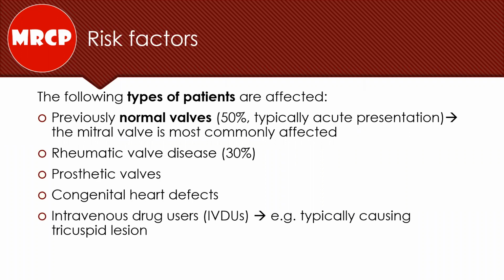And here we come to a very important scenario, the intravenous drug abuser. Typically in patients presenting with infective endocarditis who are primarily intravenous drug abusers, the tricuspid valve is affected, contrary to the usual habit of the mitral valve being the major valve affected.